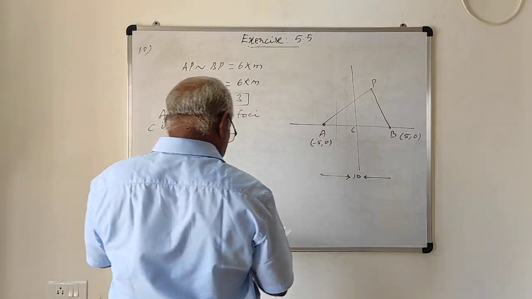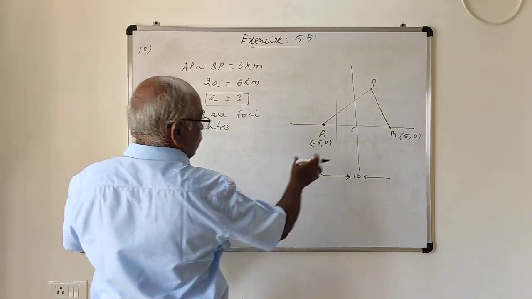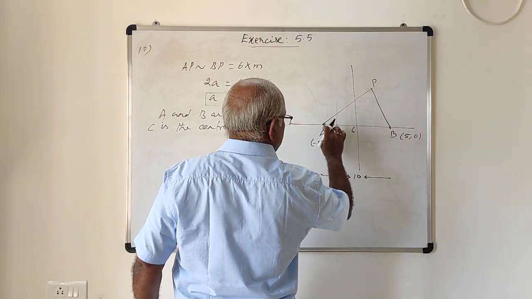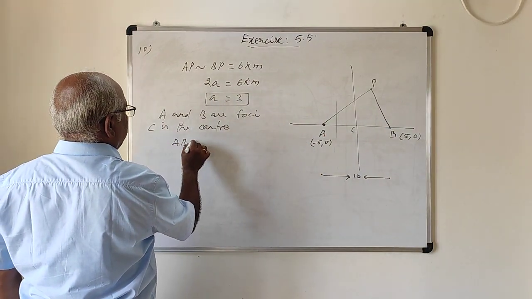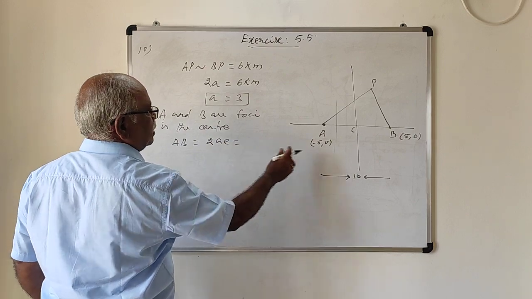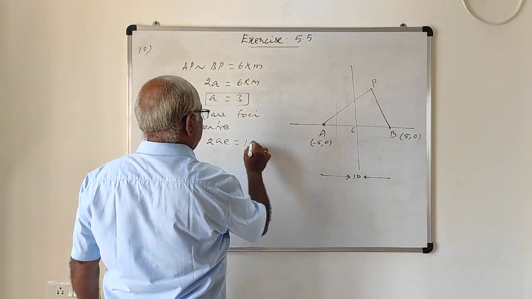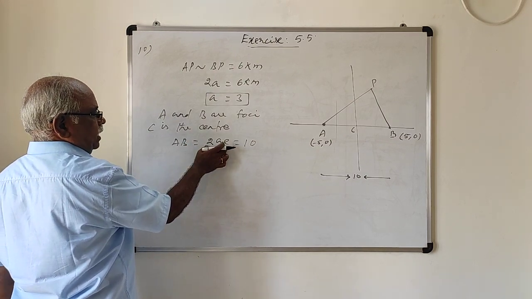Similarly, we have to find out b. AB is the focal distance, given by 2ae. It is 10 kilometers apart. The distance between the two foci is 2ae.